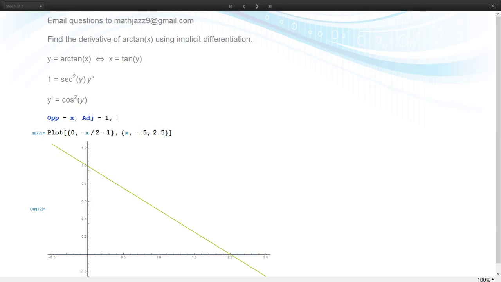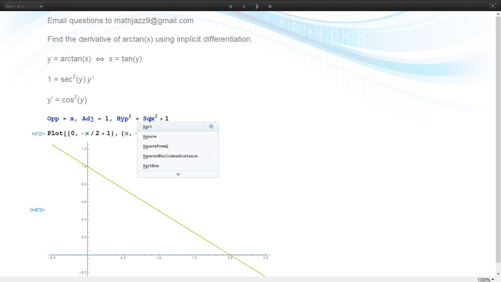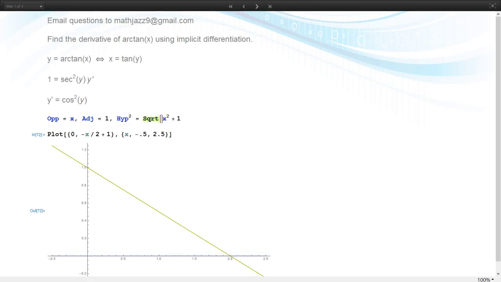And now we're going to have to use the Pythagorean theorem to find out the hypotenuse. But we know that the hypotenuse squared is equal to the square of the opposite plus the square of the adjacent. So that'll be x squared plus 1 squared, which is 1. So we can take the square root of both sides, and we get the length of the hypotenuse. Like so.